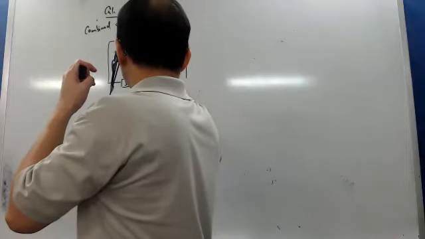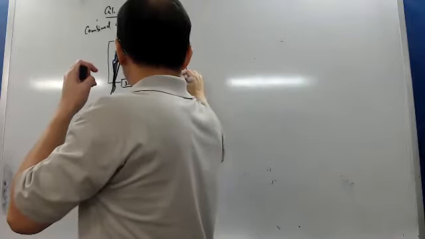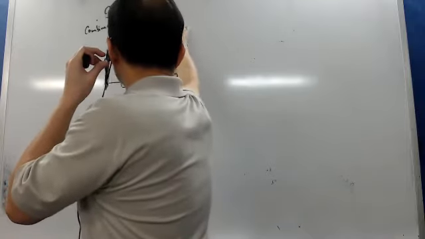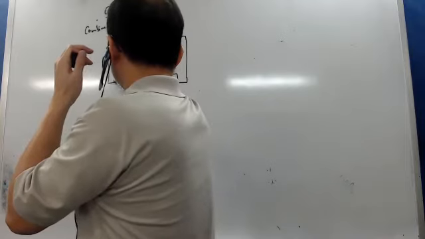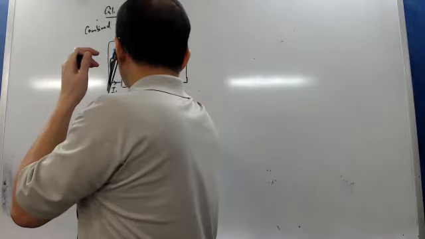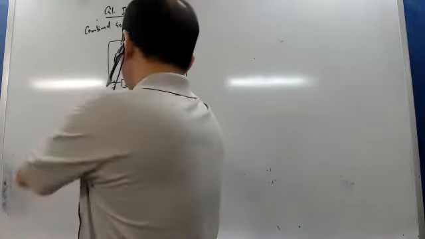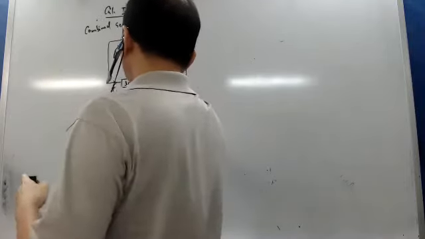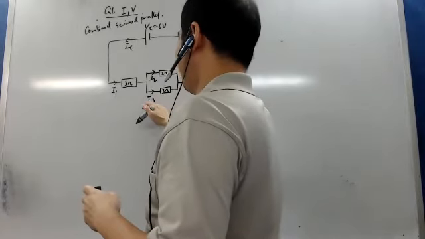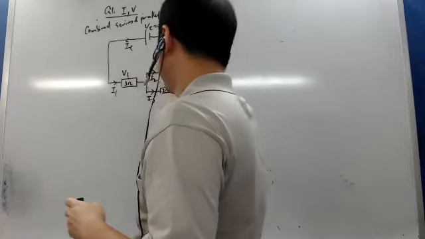By the way, when you do your questions, you can mark yourself all these I1, I2, I3. Sometimes the diagram will mark for you and you can mark yourself. Don't need to keep your diagram very clean.